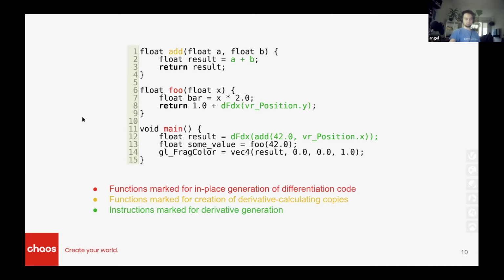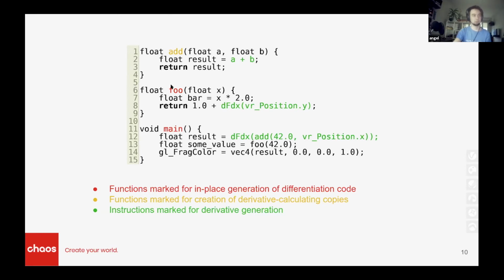So let's see a valid example of code which we might compute derivatives for. So here we have three functions which call each other, and this function add is used in an expression whose derivative we require. So we will need to copy the add function and add a derivative computing version of it.